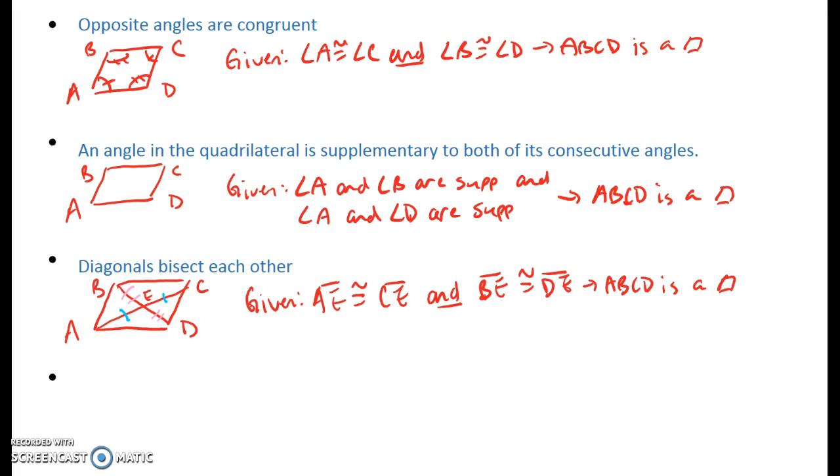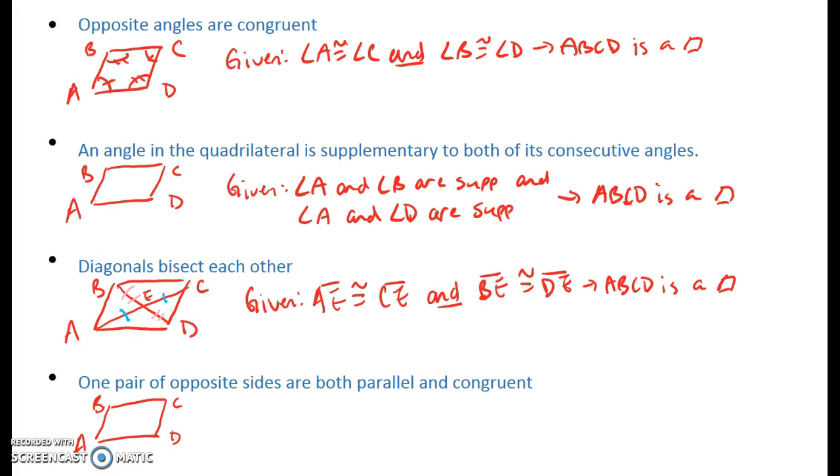We've got one more that kind of combines two of our properties. So this last one says if we know one pair of sides are both congruent and parallel, then we've got a parallelogram. All right, so again, two things, but this time we're looking at two properties of one pair of sides.